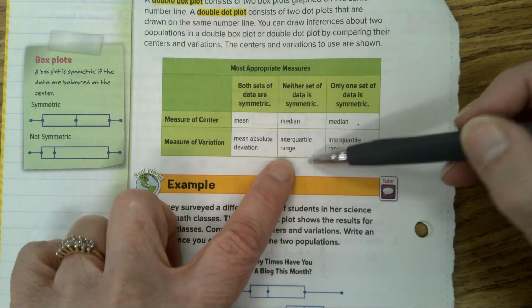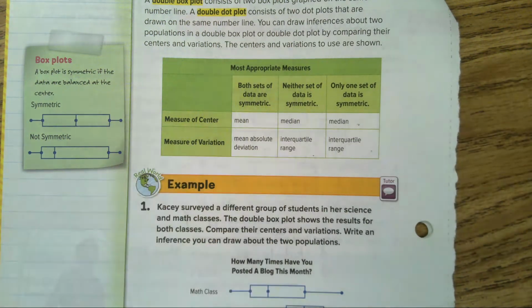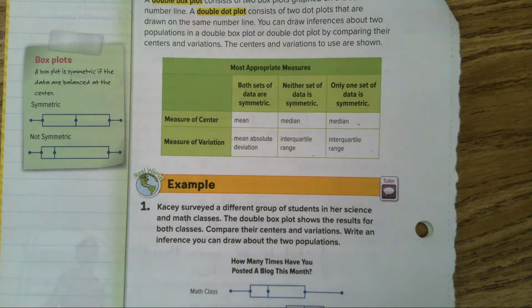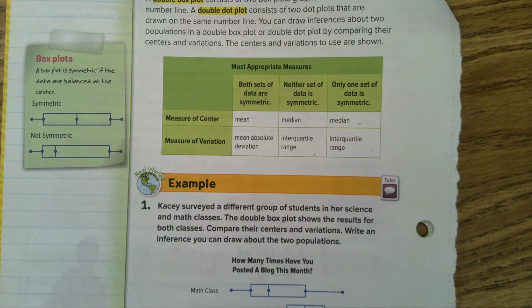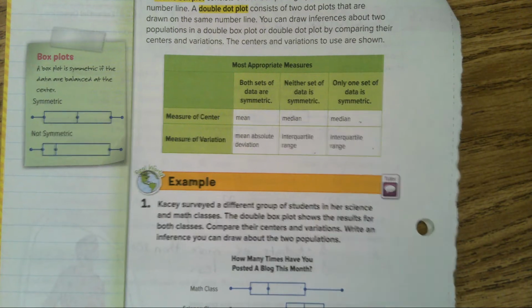Yesterday we talked about the interquartile range is the size of the box, okay? And we'll talk more about mean absolute deviation because I don't think we've talked about that in this class yet. I'm going to go over that. I'll check to see if that is on your test. One year it wasn't on there, so I'm going to double check to see if we need to know that. It might be an 8th grade standard as opposed to a 6th grade or 7th grade standard.